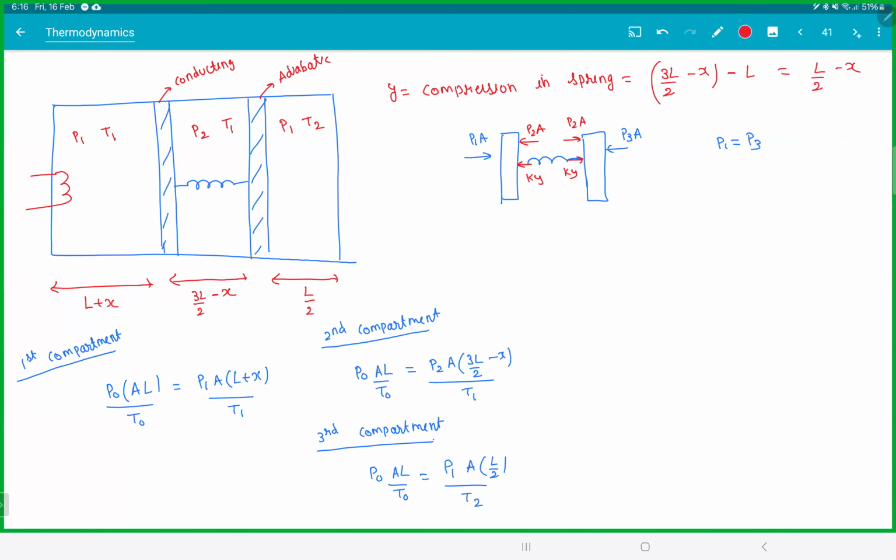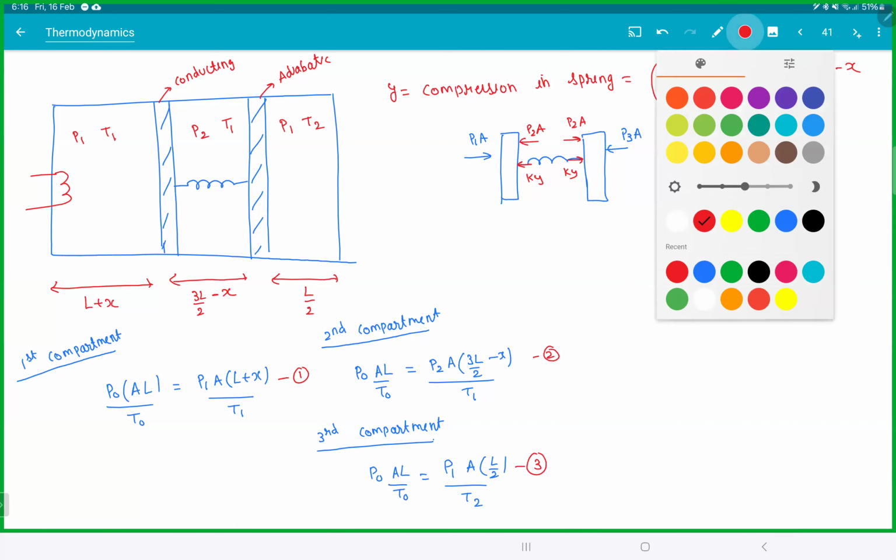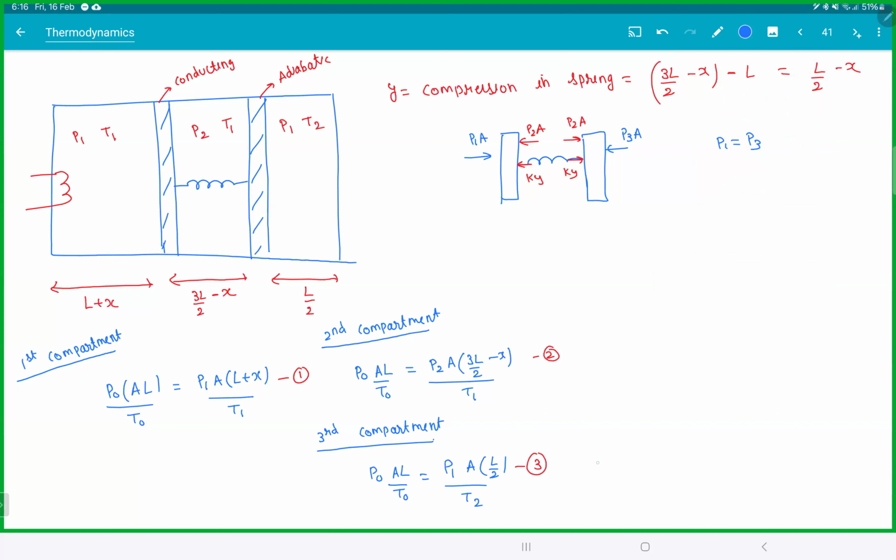These are 3 equations. And in the third compartment, we have one more thing. The third compartment is also an adiabatic process. So we also get P naught V naught to the power gamma is equal to P1 V naught by 2 whole to the power gamma. From here, actually, you get P1.